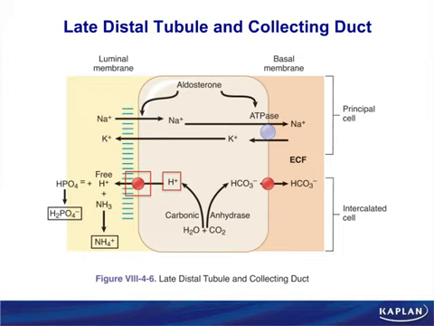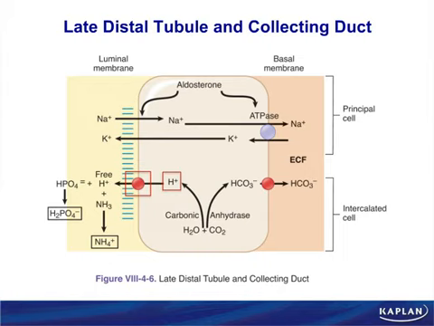So remember, one of the functions of the kidneys is to control your acid-base balance. This is one of the ways that they do it, by the intercalated cells synthesizing new bicarbonate. So that's a very important point. This is a new bicarbonate molecule. So, for every proton that is secreted, a new bicarbonate molecule is synthesized.